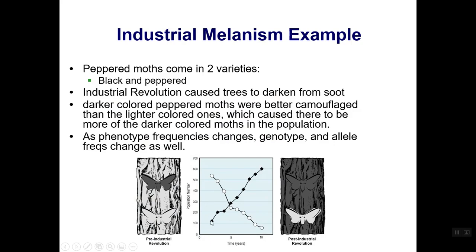And so what we saw over time was the population numbers of our black moths increased, while the population numbers of our white peppered moth severely decreased. So, of course, along with that, the phenotype frequencies did change, but so did the genotype and allele frequencies as well, because the alleles control the genotype and thus phenotype frequencies.